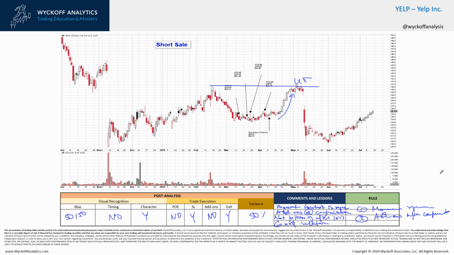It's so much better on the execution level. And then the add-ons after confirmation keep your size at a manageable risk level. So this is also a very foundational thought.